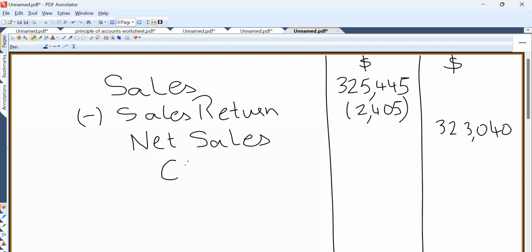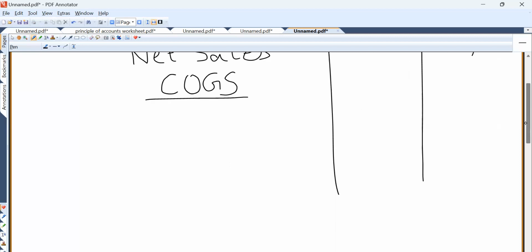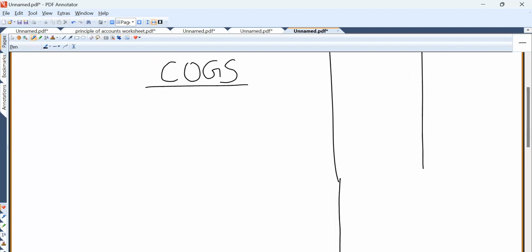Then we have cost of goods sold. Cost of goods sold starts with opening inventory. Opening inventory we have is 43,275.